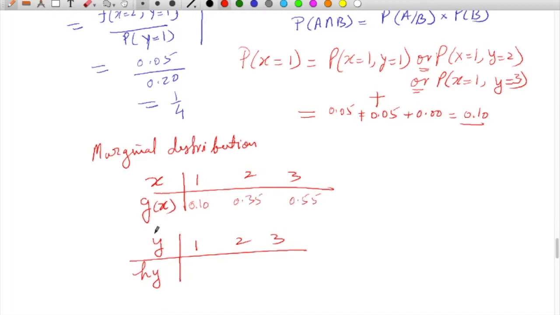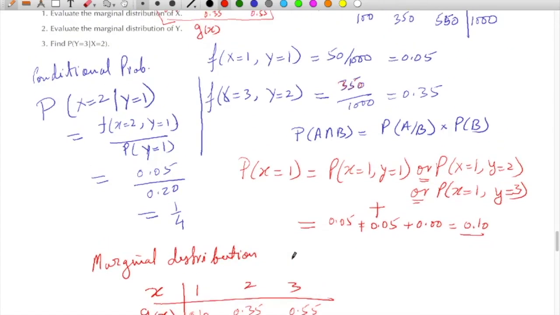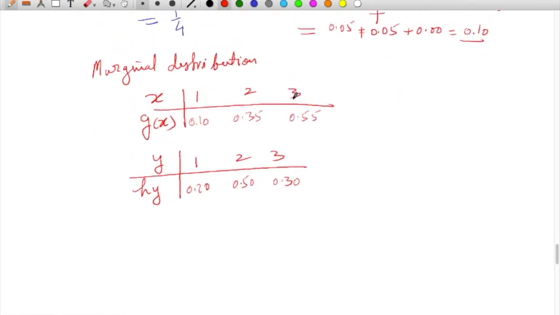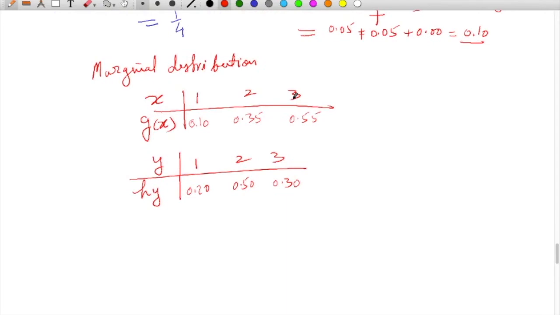And for y equal to 1, 2, 3 it is 0.20, 0.50, 0.30, which we see over here. So now these are marginal distributions. The sum of all these probabilities will also be 1.0. That is why they are called probability distributions.